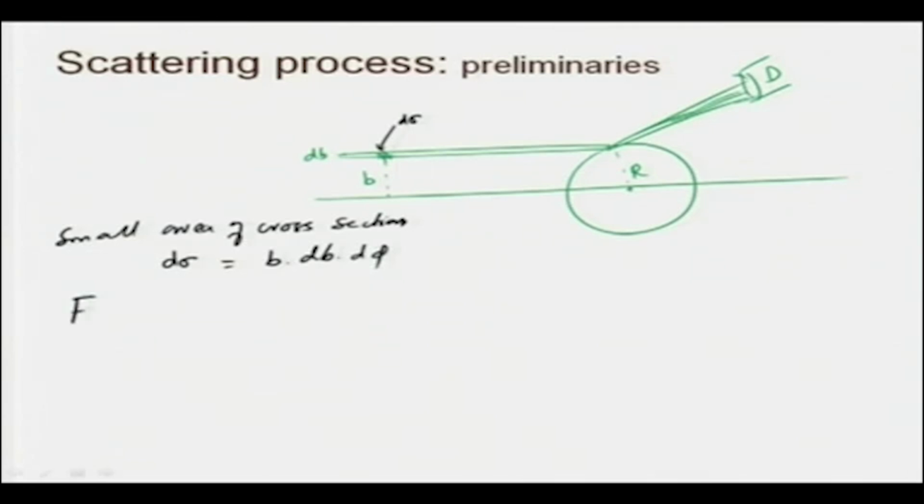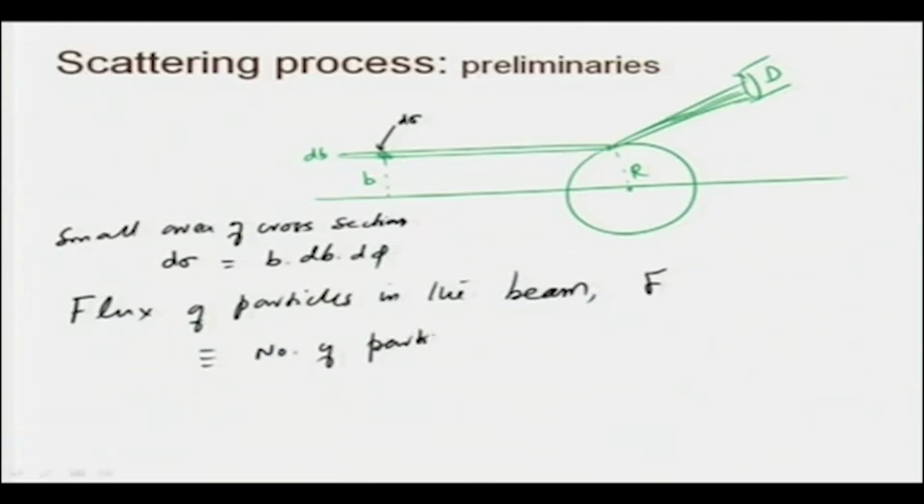Now, let us say you have a beam, the flux of particles in the beam, or the beads in the beam, let me denote it by F. Basically, that is defined as the number of particles passing through unit cross sectional area, perpendicular to the direction of the beam, in unit time.